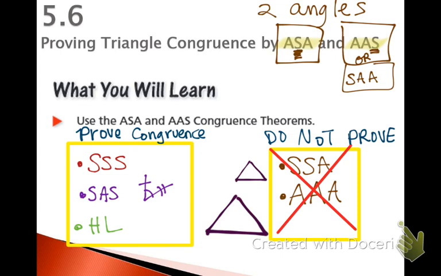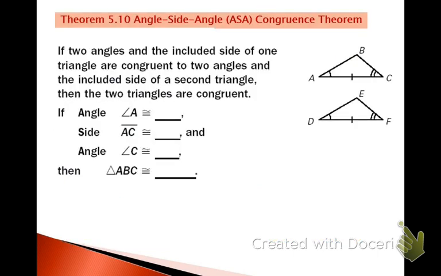Take out a highlighter. It says if, don't highlight anything yet, if two angles and the included side. You're going to highlight the word included. What does included mean? Between. All right, so look at where it's included on my picture.